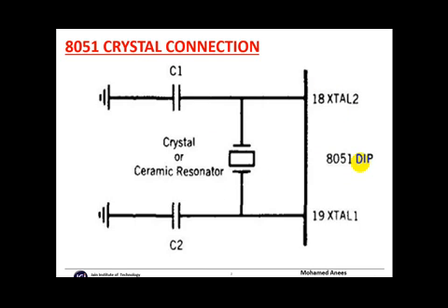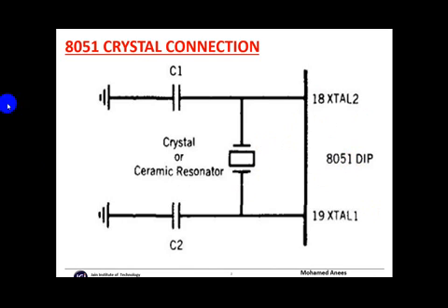This is only with respect to 8051 and not with respect to all the microcontrollers. In 8051, the crystal frequency is divided by 12 by the internal clock oscillator, and this clock frequency is the source. This is the minimum time which it requires.